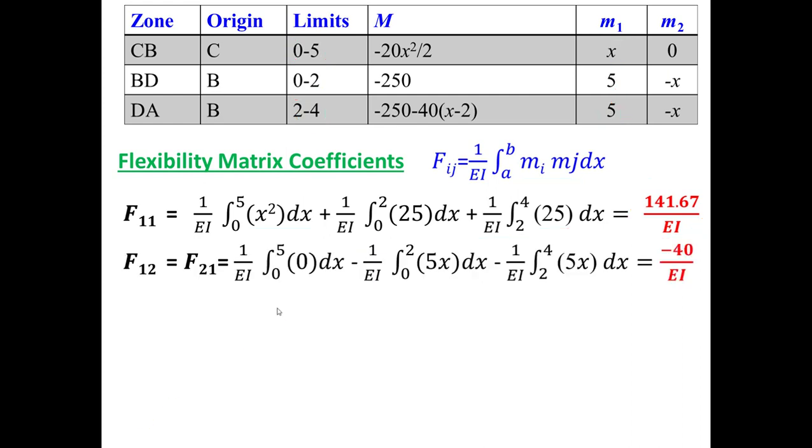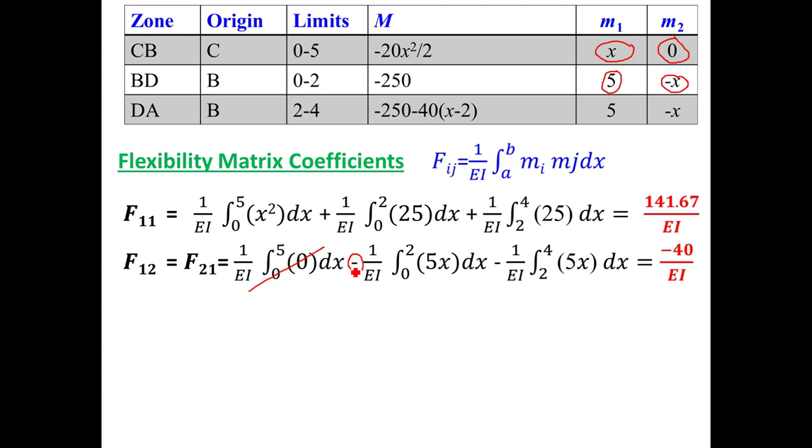Now second element, that is F12 or F21. F12 or F21 is equal to small m1 into M2. Okay. So first zone, if you look at the C to B first zone, M1 is x, but M2 is 0. So M1 into M2, first zone, it will be 0. Now second zone, small m1 is equal to 5 and M2 is equal to minus x. 5 into minus x, it will be minus 5x.